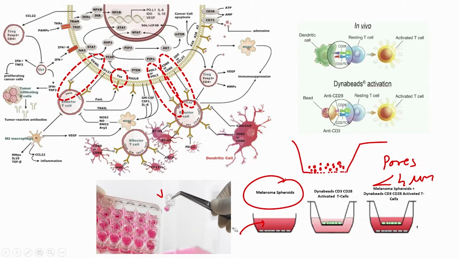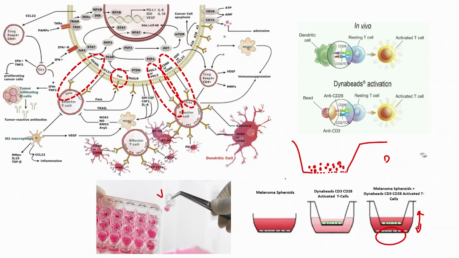Now, you load the T cells and see the interaction between T cells and matrigel. T cells, matrigel, and of course, your spheroids. This will interact, right.